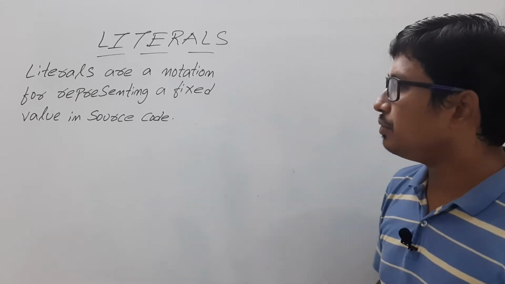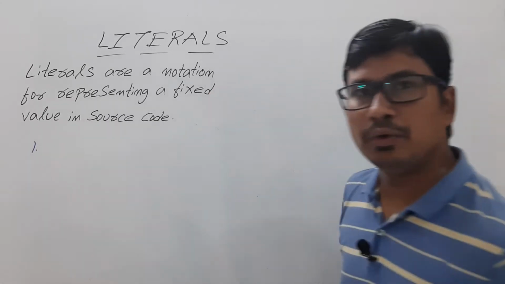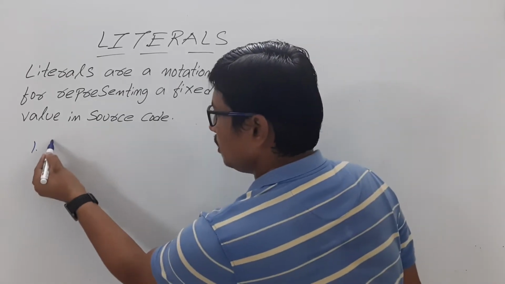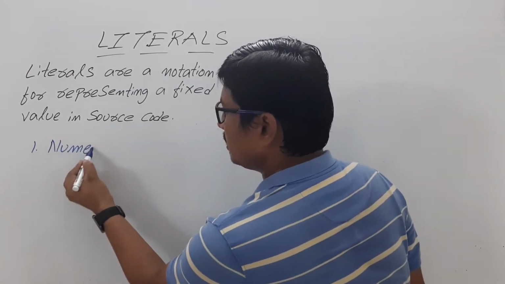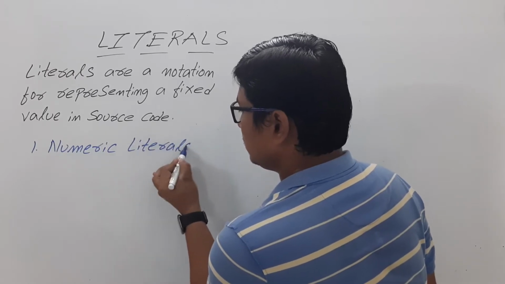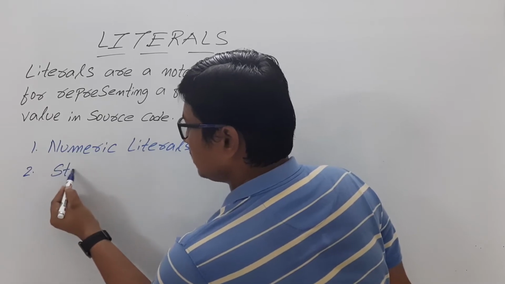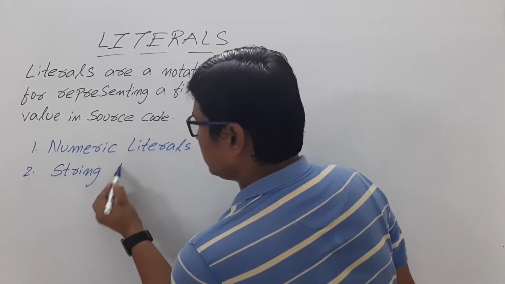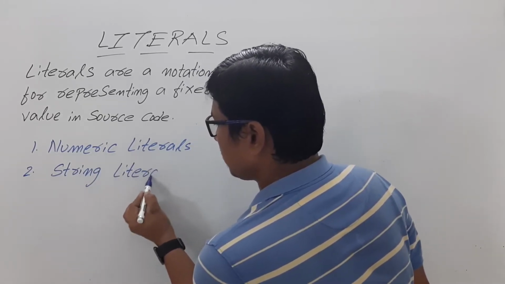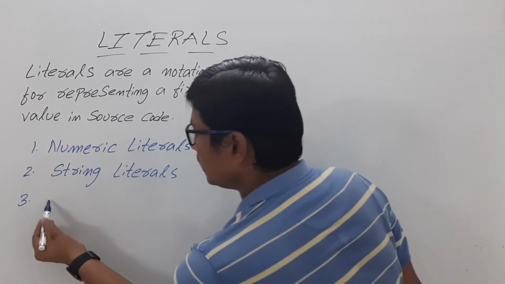Okay, now look at these different types of literals. We have numeric literals, then we have string literals, then we have Boolean literals.